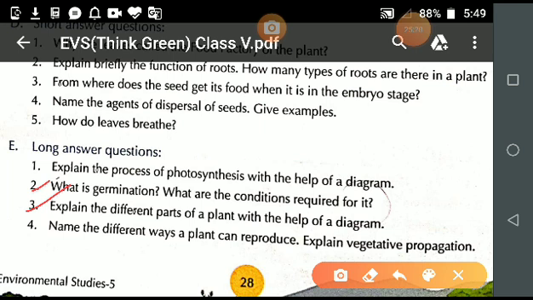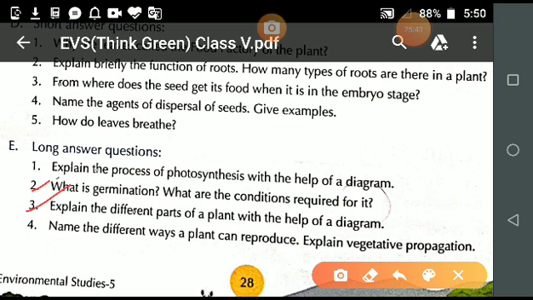Is it clear? Next, seeds. Just in question number 2 I explained the role of seeds. Seeds help in germination. So one by one I have done a small discussion of all parts of the plant.